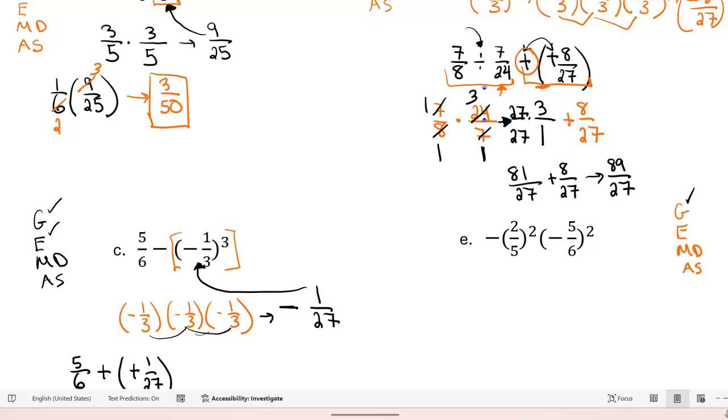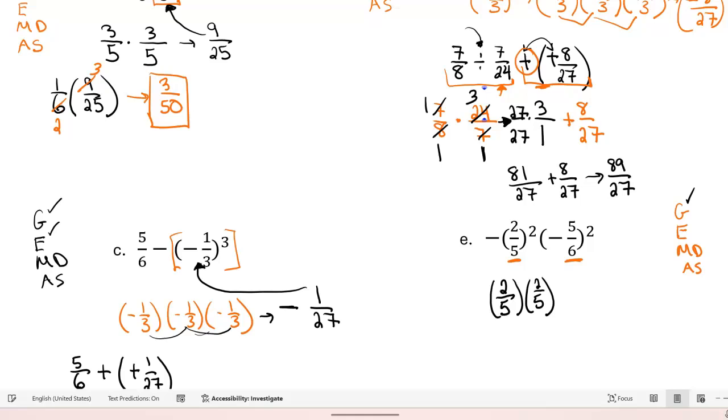I do have exponents. I have two exponents. I have this one and I have this one. All right, so I'm going to go ahead and figure out the base of my first exponent, which is 2/5. So I have 2/5 times 2/5.